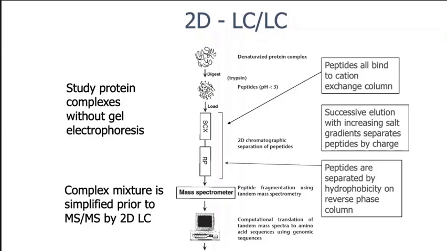This will interact with the hydrophobic groups in the amino acid residues, and the binding will separate them. The polypeptides will be separated a second time according to their hydrophobicity. The first separation is according to the polypeptide charge, or their isoelectric point, and then according to the hydrophobicity of each polypeptide.